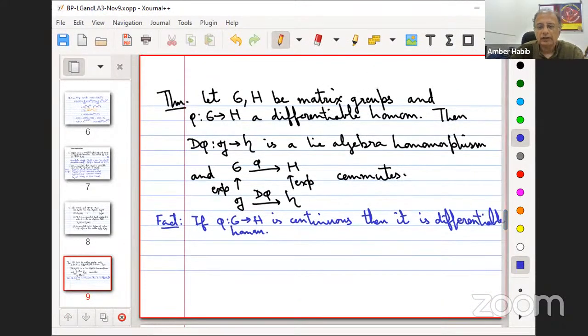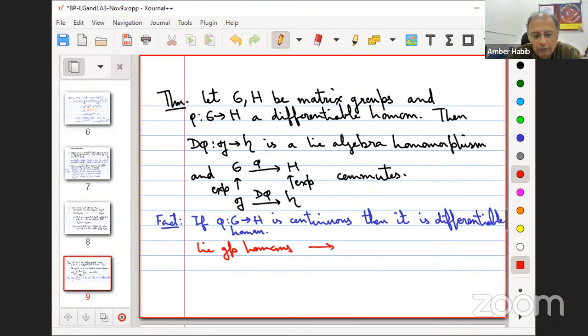Here some issues come up, right? So there's a correspondence. What we are seeing is that there is some sort of correspondence between Lie group homomorphisms and Lie algebra homomorphisms. I can go from the first to the second. So I can ask how good is this correspondence? Is it perfect?